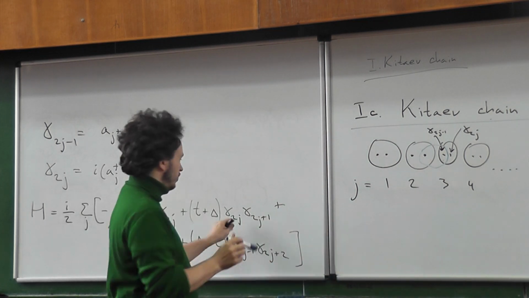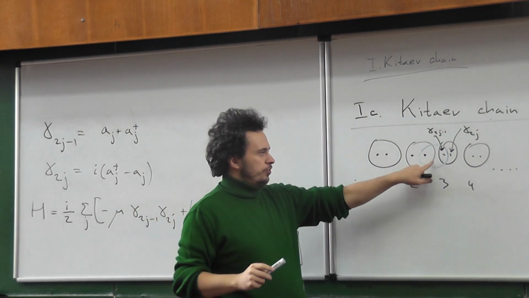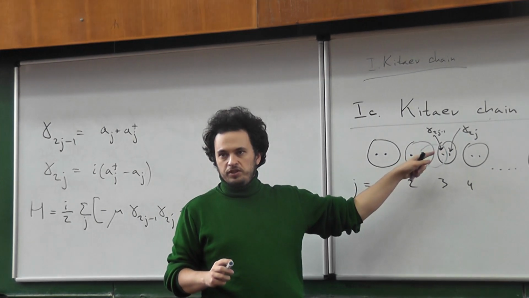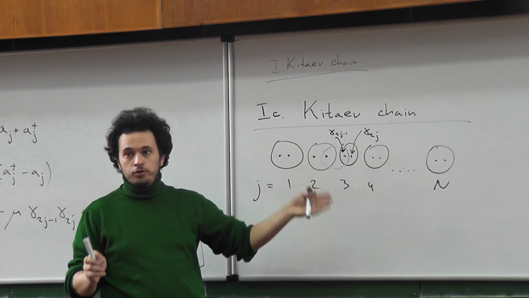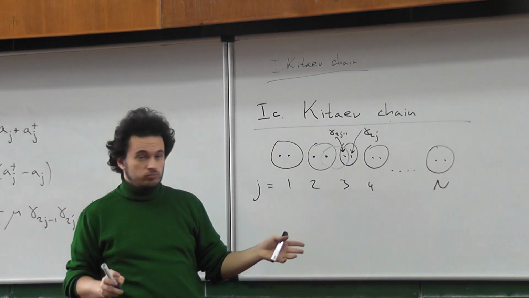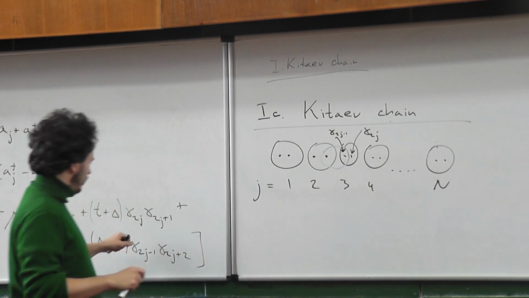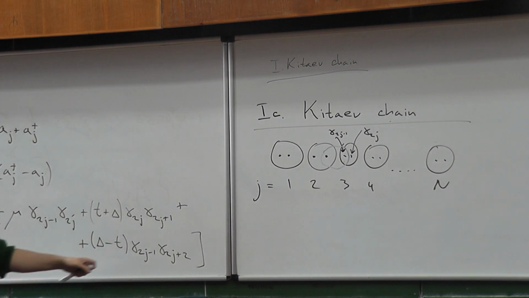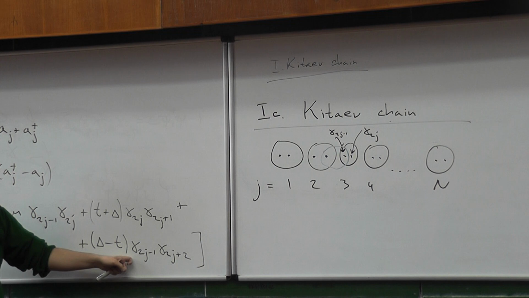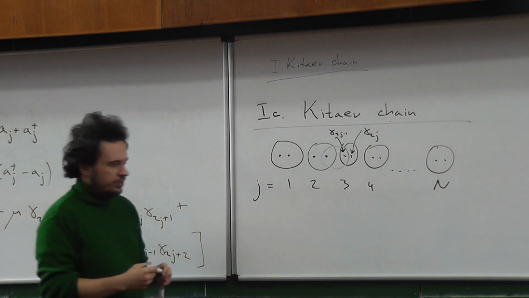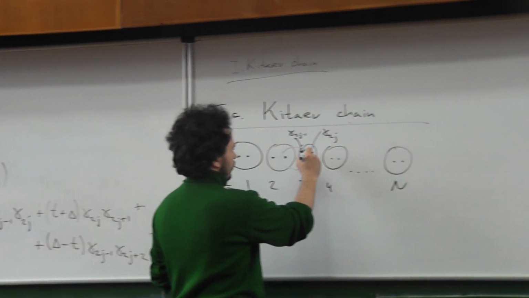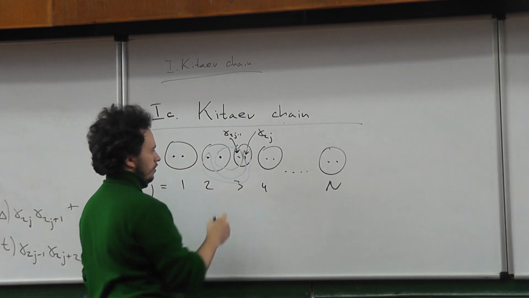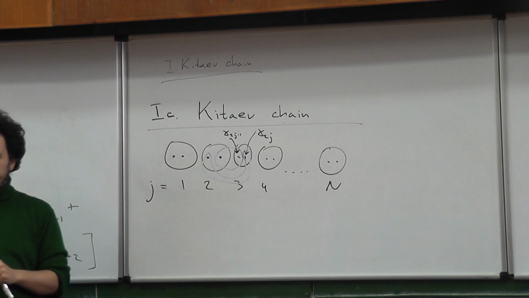So it tells us, make me a fermion out of these two Majoranas, and I want this fermion, say, occupied. This is what this term tells us. Finally, there is this term, which tells that, make me a fermion out of these two Majoranas, and I want them occupied.